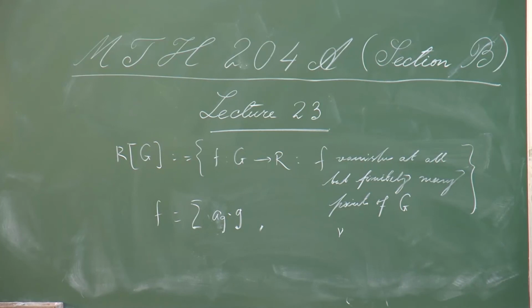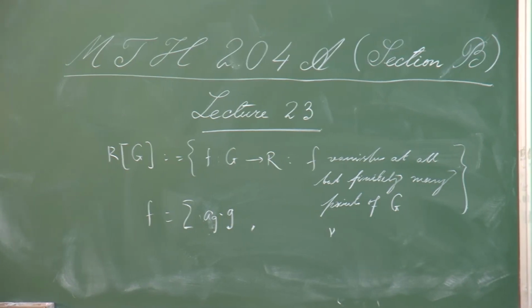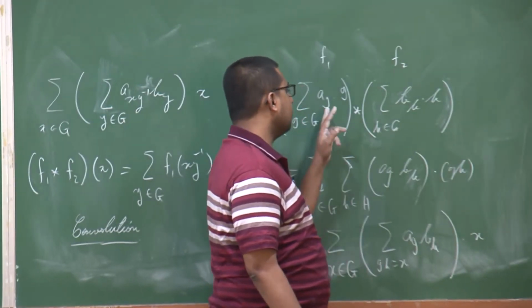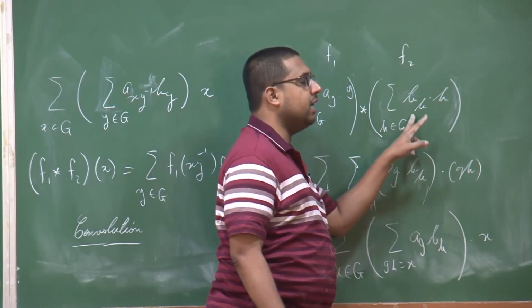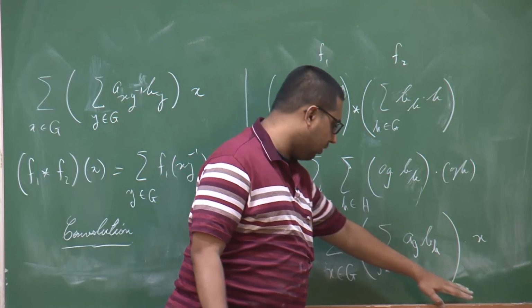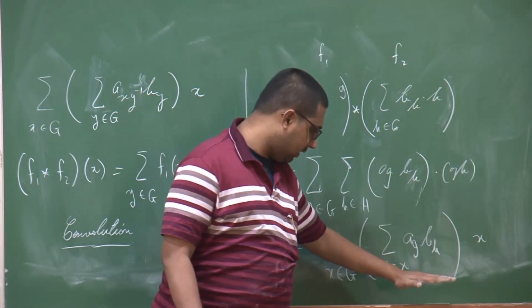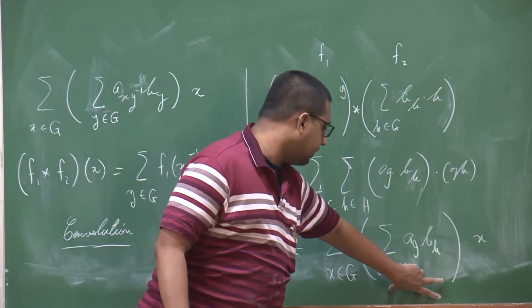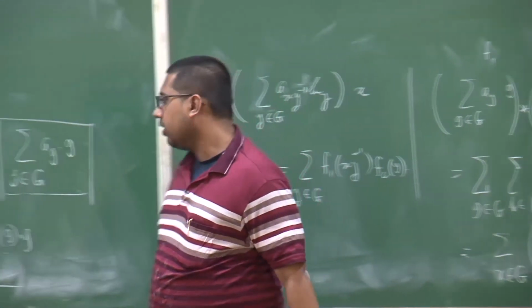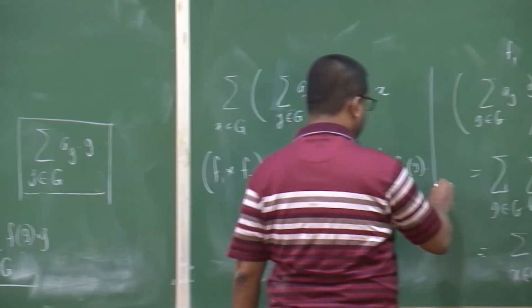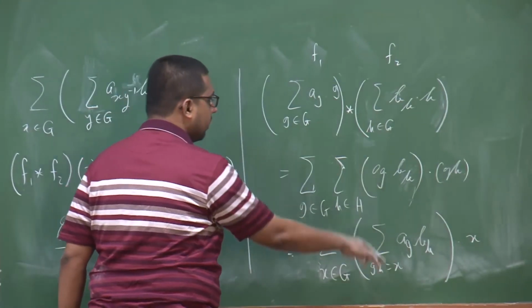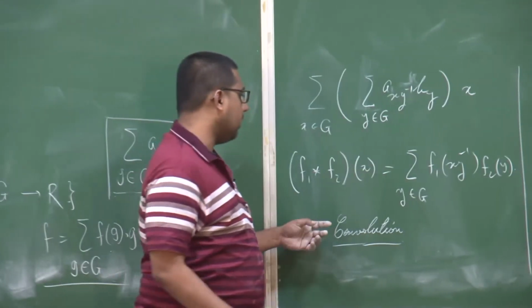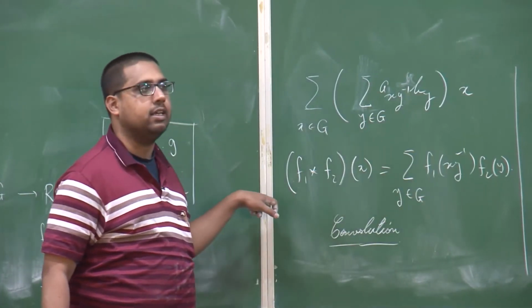And similarly, we can also do this. Remember that since all but finitely many a_g and b_h vanish, here also for all but finitely many x, this term is going to vanish. So, if we want to do the product in this manner, that makes sense. In terms of functions, this should look like this.